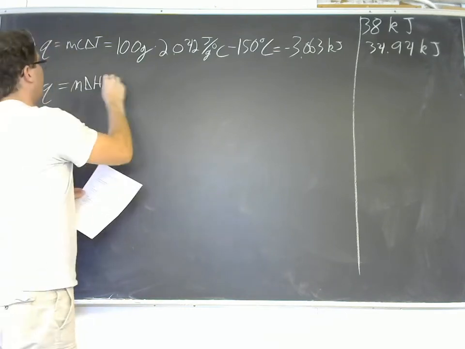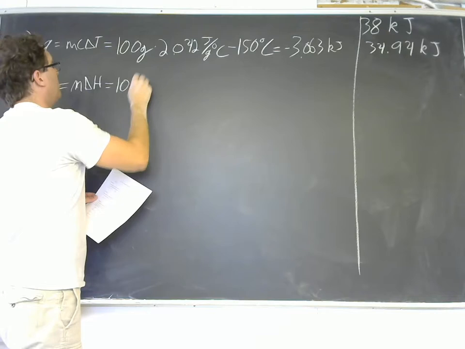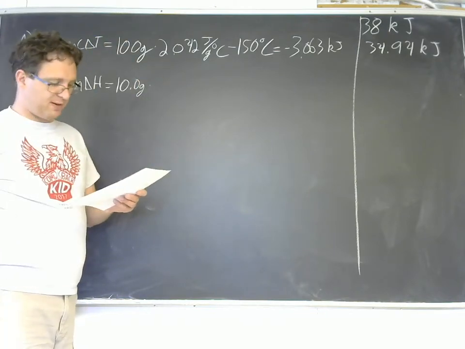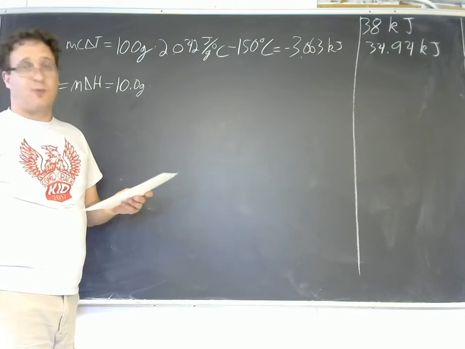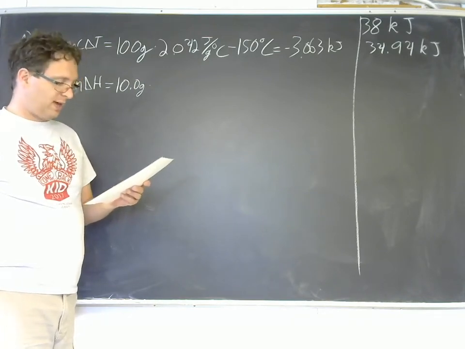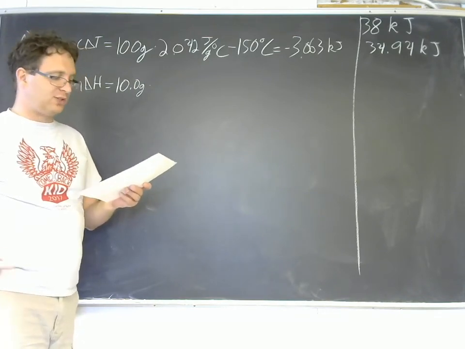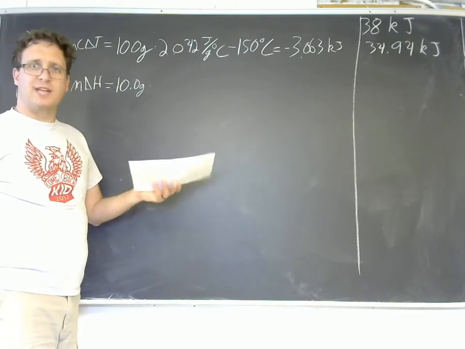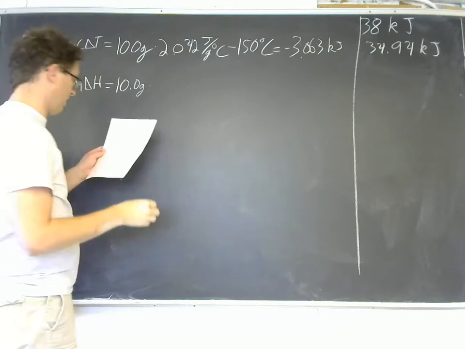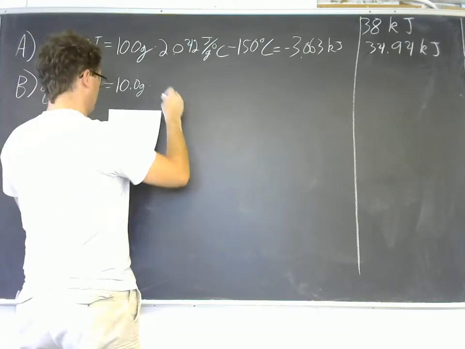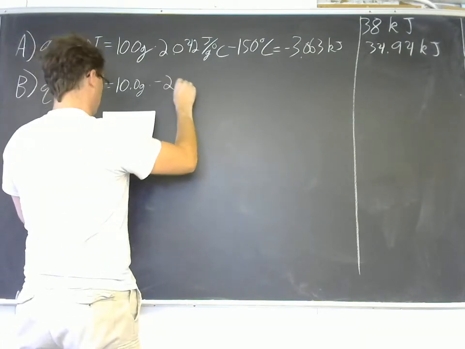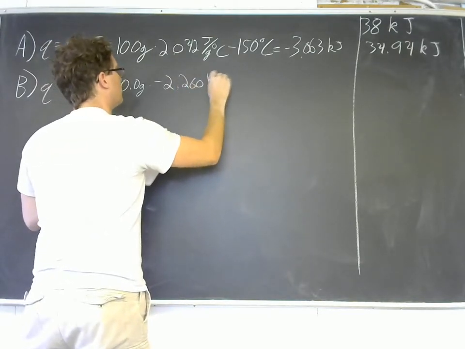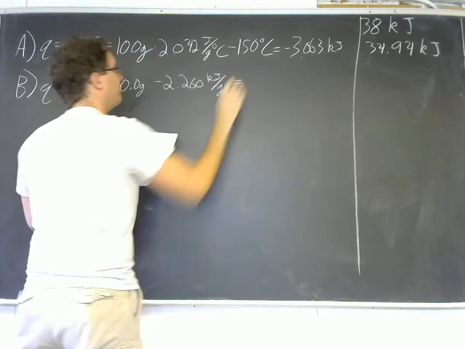So we have, again, 10.0 grams of water, and the enthalpy of vaporization for water is 2.26 kilojoules per gram. We're not vaporizing, we're condensing, we're going the other direction, and so this is going to be negative 2.260 kilojoules per gram.